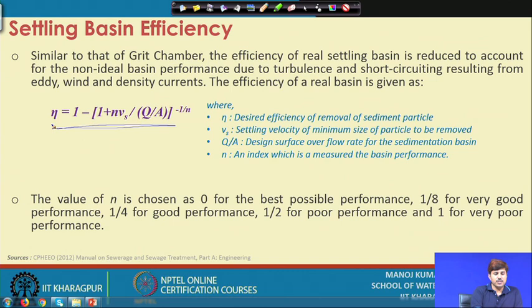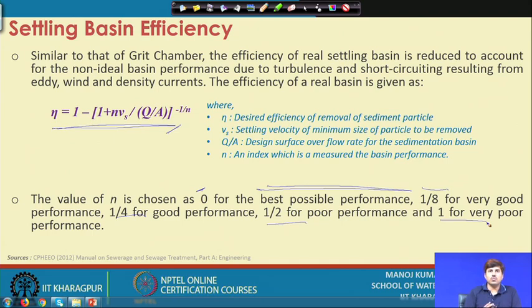This formula would appear familiar because we discussed it in grit removal also. So, it is the same thing, and here the value of n is chosen 0 for the best possible performance. So, if the value of n becomes 0, your efficiency becomes equal to 1. It is considered 1 by 8 for very good, 1 by 4 for good, 1 by 2 for poor and 1 for very poor performance.